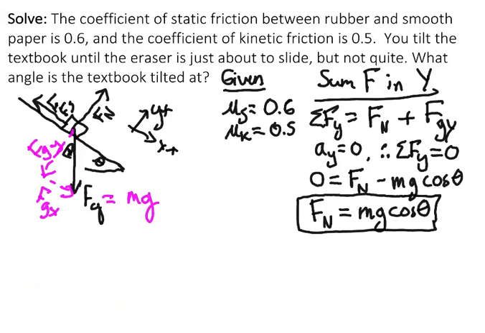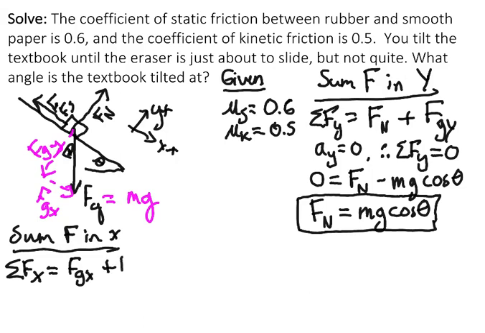Okay, so if I find the net force in the x direction, I have two forces as well. I have this x component of gravity, Fgx, and then I have that static friction force, Ffs. I can fill in what Fgx is because we had just done that before.